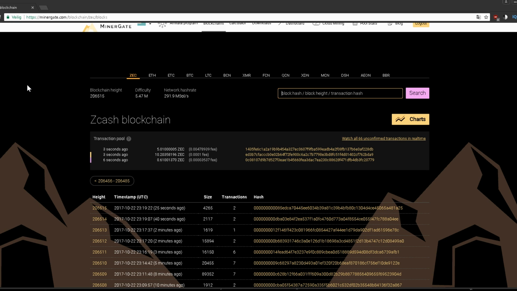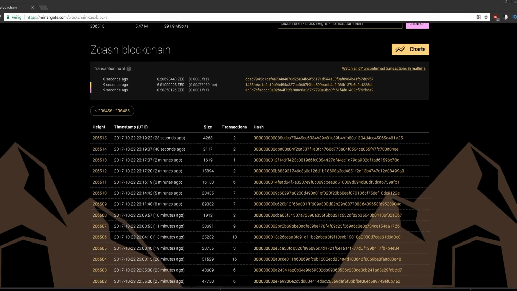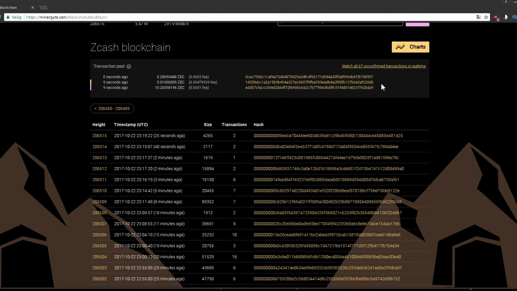So for instance, if we look here, we see transaction pool, and about 9 seconds ago somebody sent 5 Zcash, and this is the fee he paid.